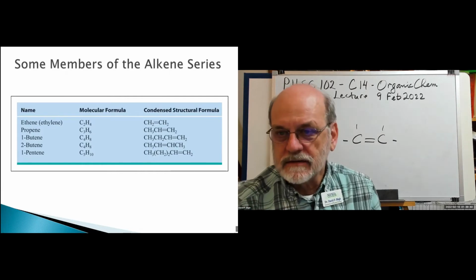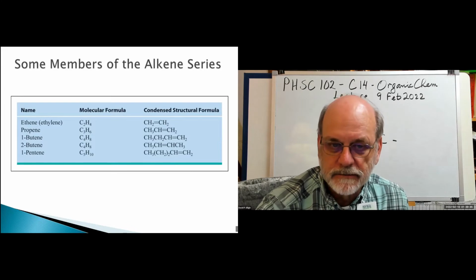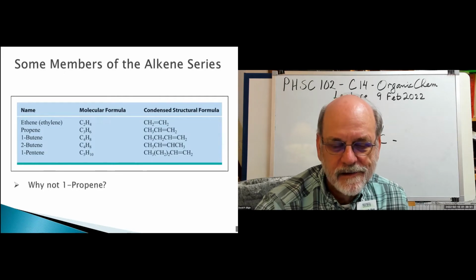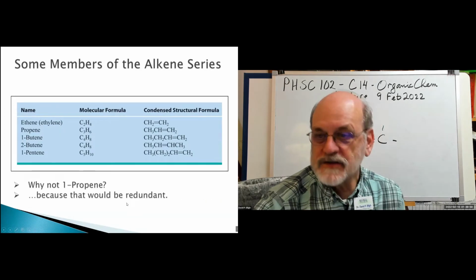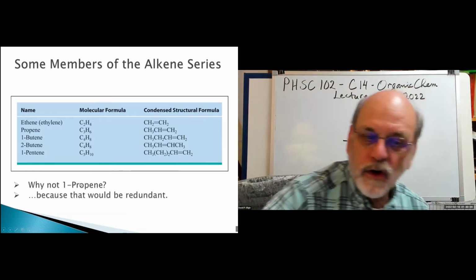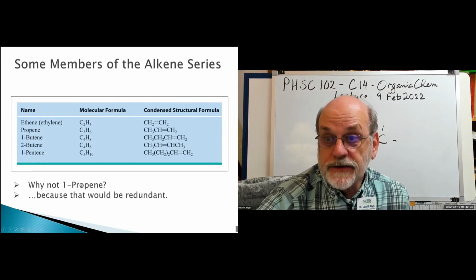So pentene can only have three isomers. This just makes the point. We don't say 1-propene, right? Because that's the only possibility.